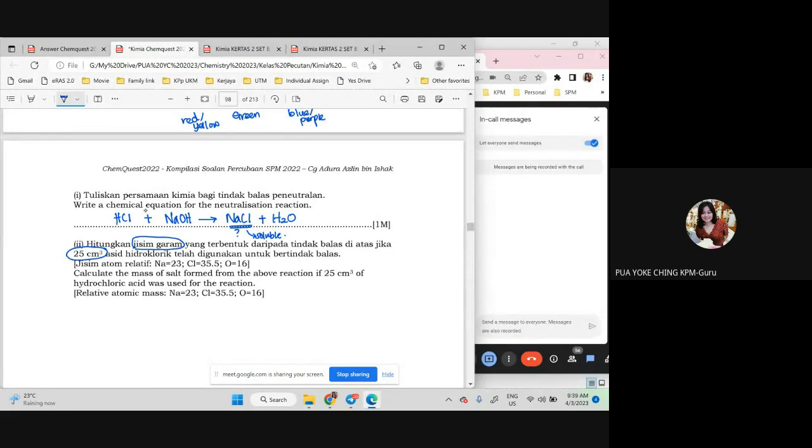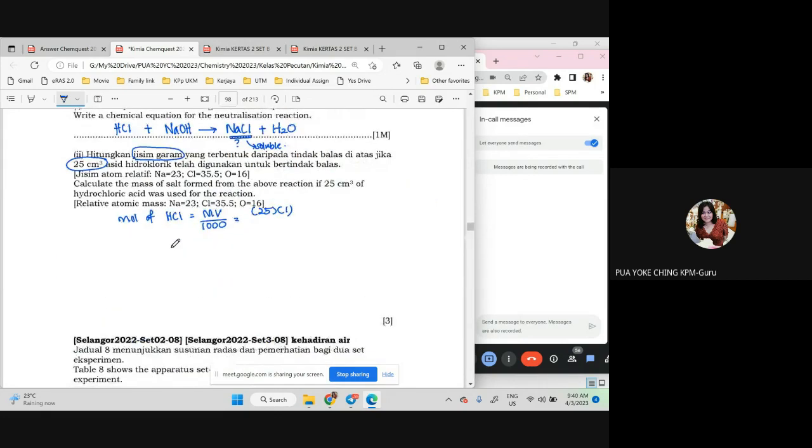You have 25 cm³ of hydrochloric acid, so calculation as usual, mole of HCl equals MV divided by 1000. So you will get 25 times 1, I think, 1 or 0.1. Yes, 25 times 1 divided by 1000. So you got 0.025 mole.